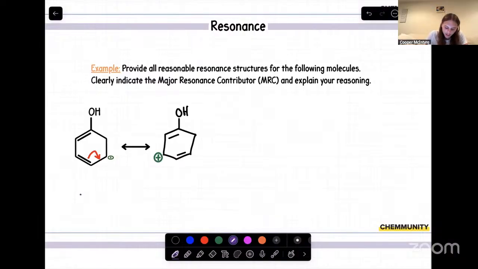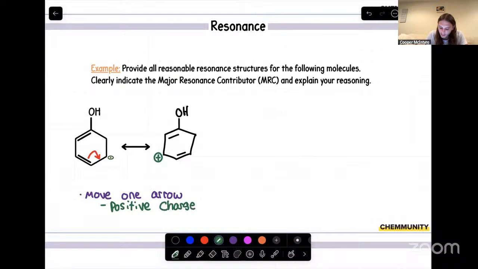So we'll write that down. And that'll be a common trend we'll see when you start with a positive charge and you're moving those pi bonds. Sweet. And then yet again, we'll assess our positive charge. Do we have any more electron density close to it that we can move towards it?